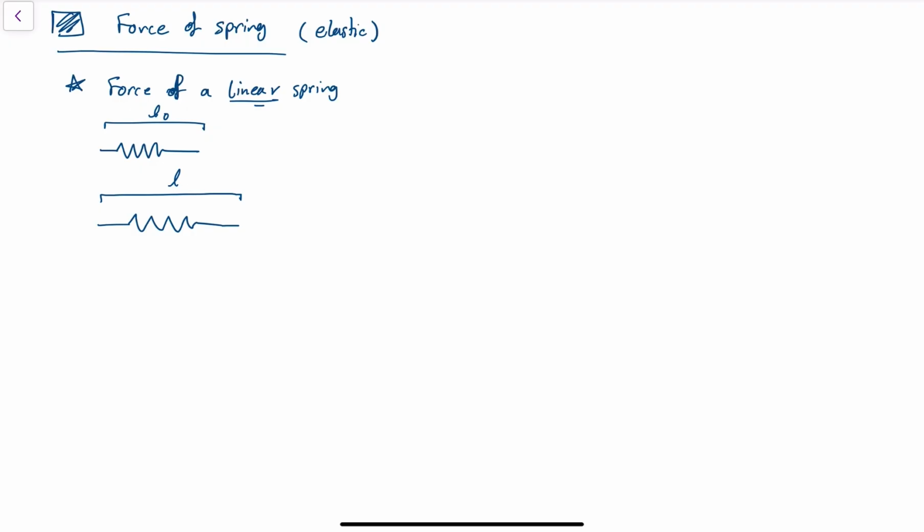The force that is developed in the spring, let me write it this way: the force of a spring is proportional, with some constant value, to the new length minus the original length.